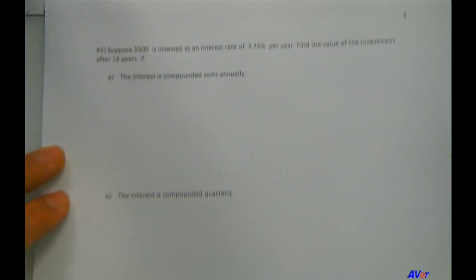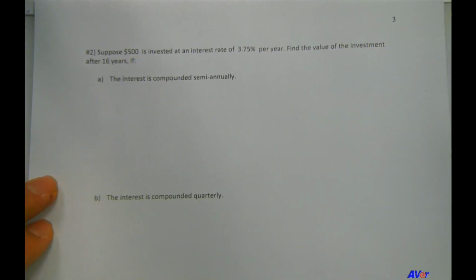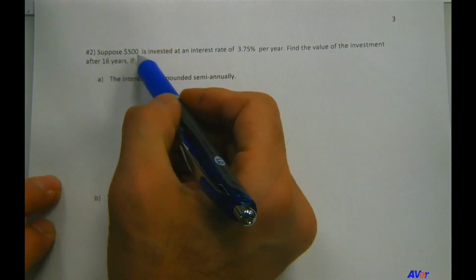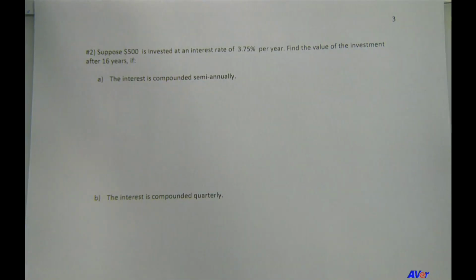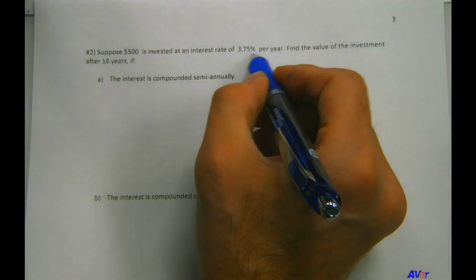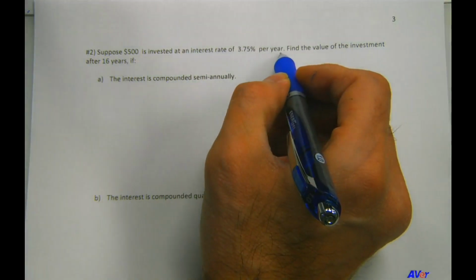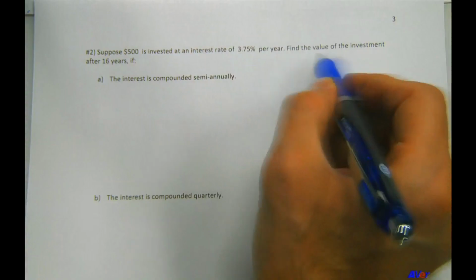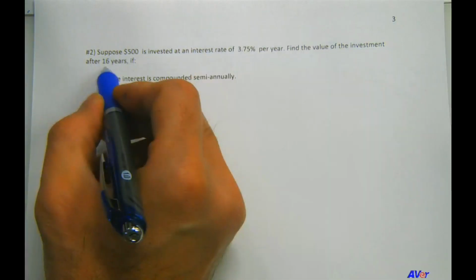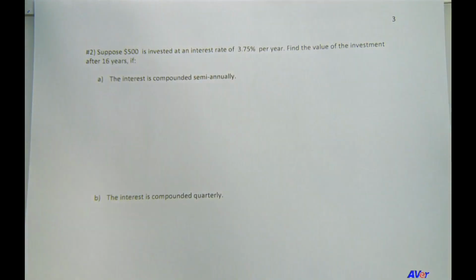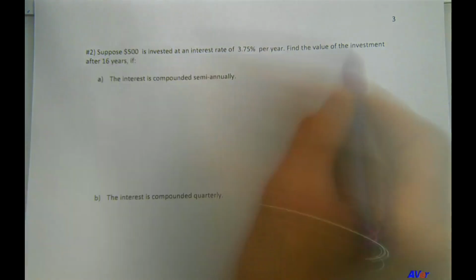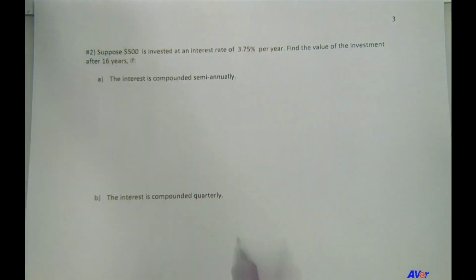All right, so now that we've covered that, let's take a look at an example of this type. Suppose $500 is invested at an interest rate of 3.75% per year. Find the value of the investment after 16 years. Let's identify the different variables here.